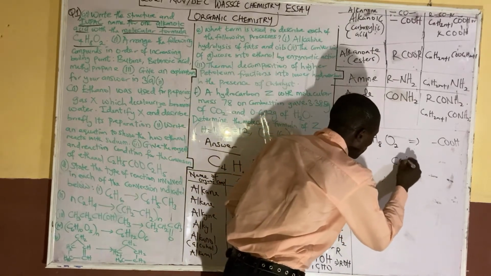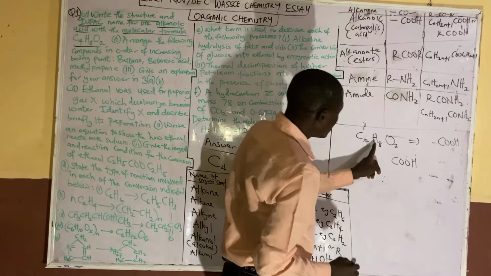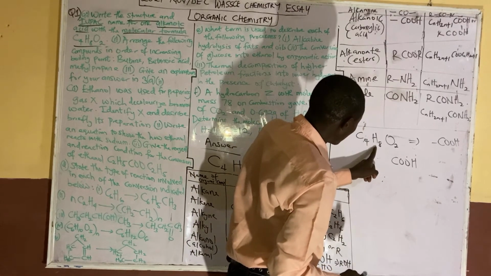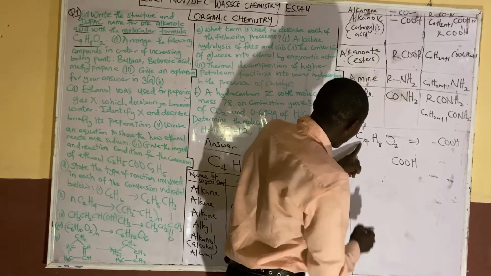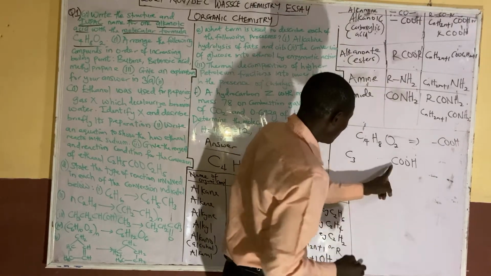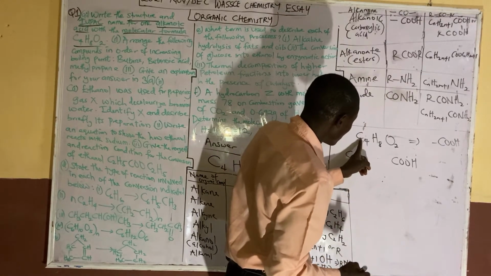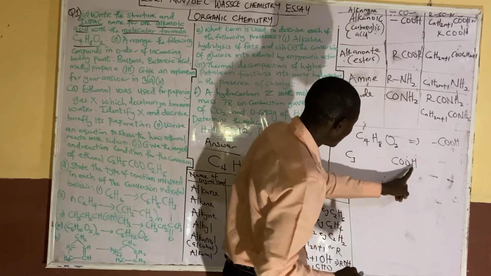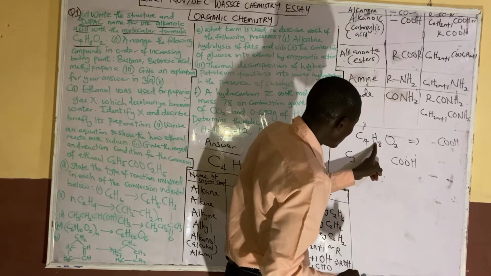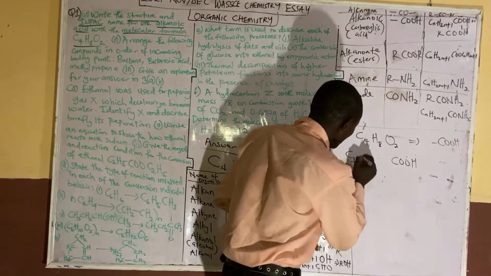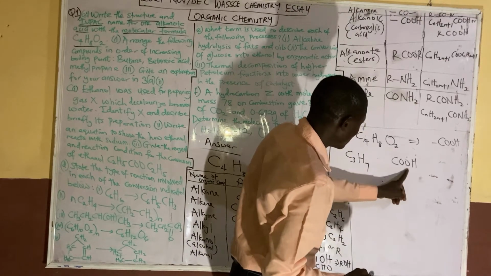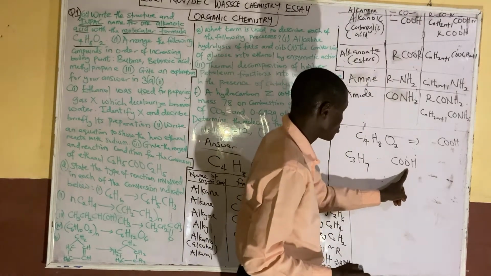If I remove COOH from this, what I will have left is C3. Remove one C from C4, so it will be C3. Remove one H from H8, it will be H7. Remove 2 oxygen from 2 oxygen, so you can see that there's no oxygen left.